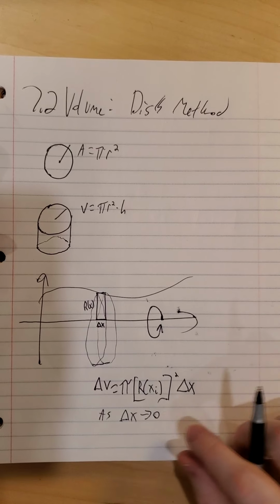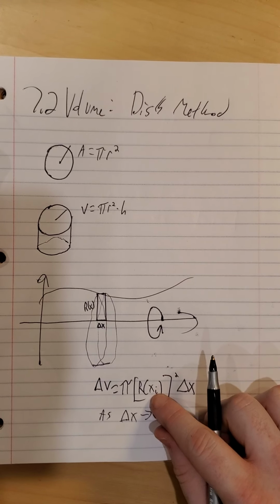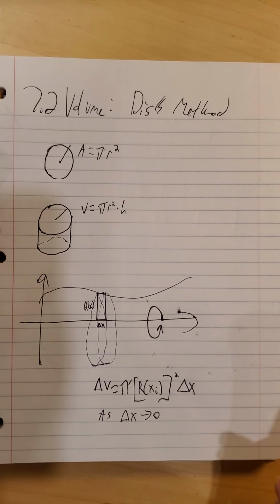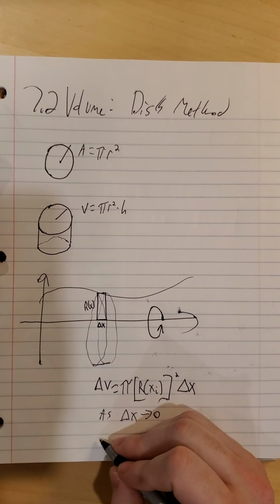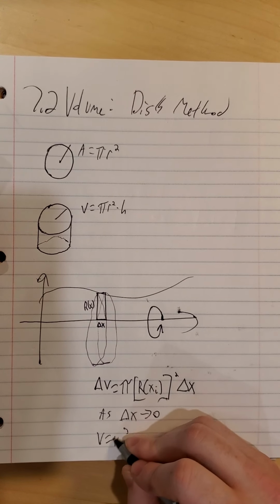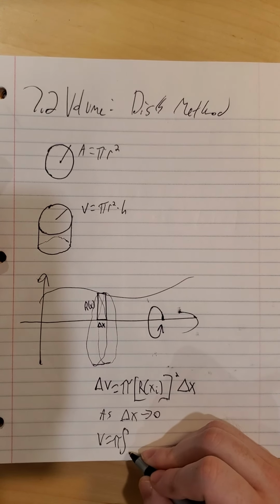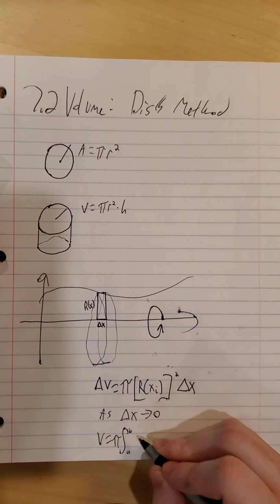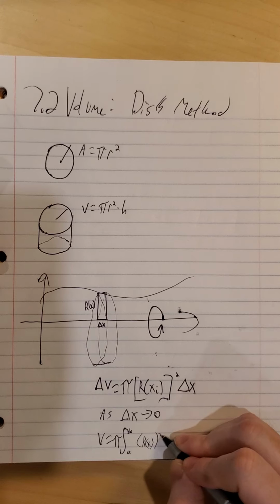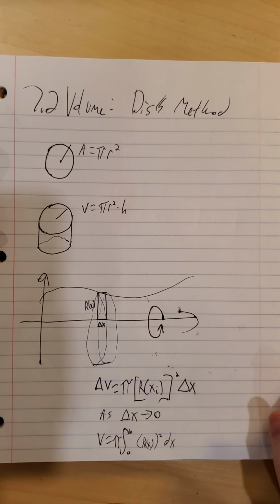As we let delta x go to 0, or the number of subintervals go to infinity, we get the volume is, you can pull the constant pi out, integral from a to b of r of x squared times dx.